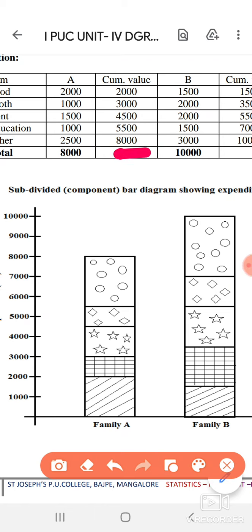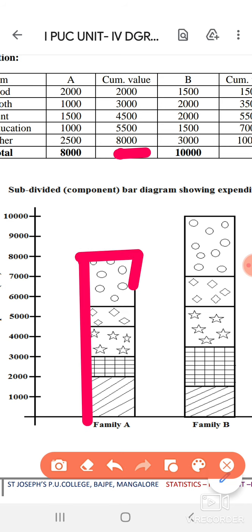Now, here draw the bar up to the total. So the last cumulative value of family A's expenditure is 8,000. Draw the bar up to 8,000. Are you observing here? Height of the bar should be 8,000. Fine.